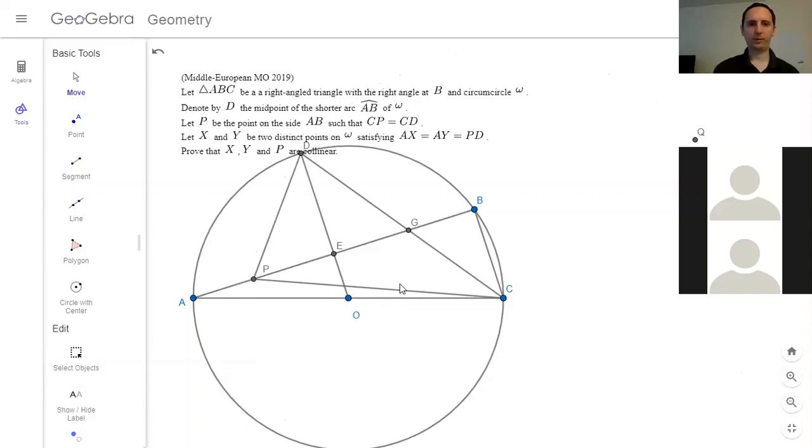So we just want to show AP times PB is PD squared minus AP squared, or that's OA squared minus OP squared.